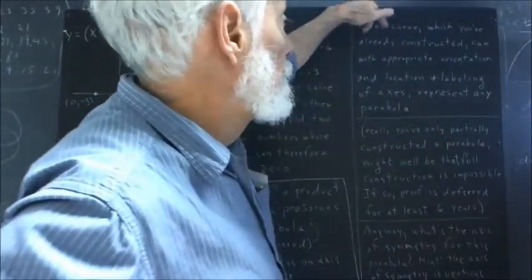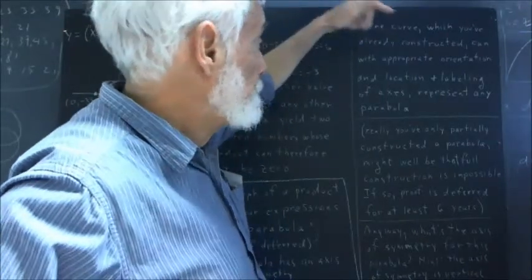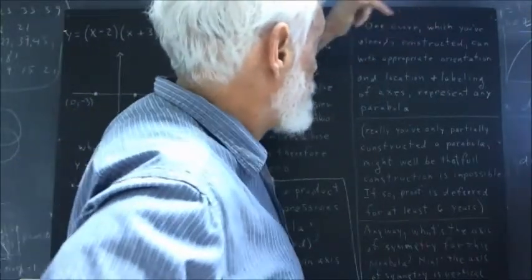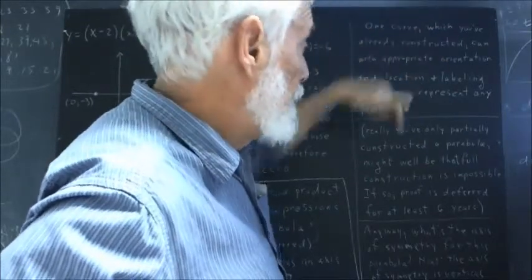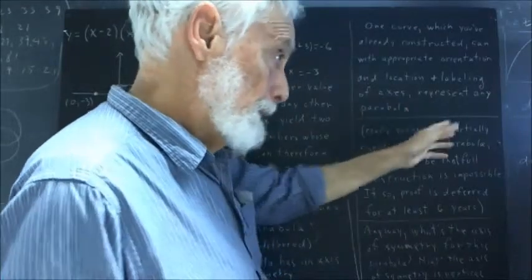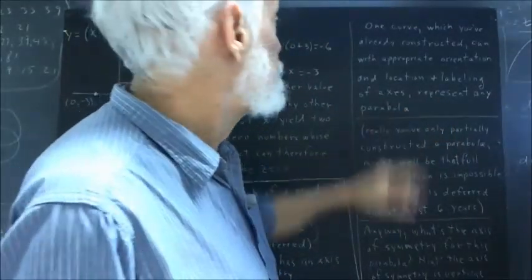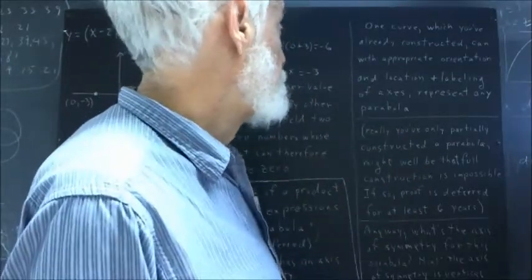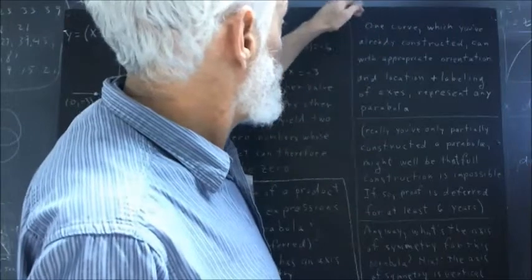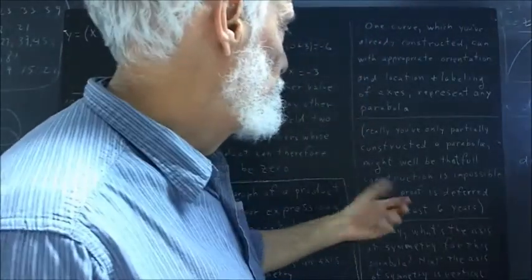There's one curve that you've already constructed that can, with appropriate orientation and location and labeling of the axes, represent any parabola. So you already know what a parabola is, in the sense of having constructed one using compass and straight edge.